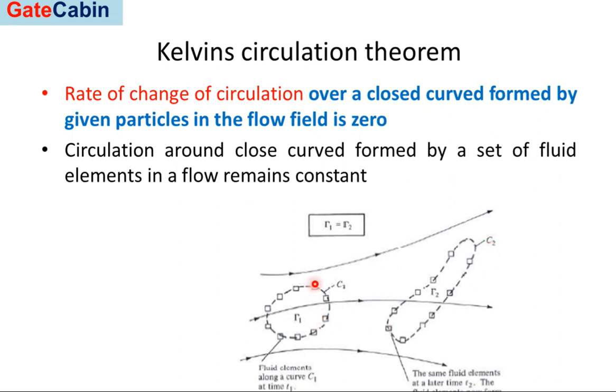So the closed curve formed by tracing the same fluid particles anywhere in the flow field will have the same value of circulation. In short, this can be written as: the rate of change of circulation is 0, and therefore the circulation remains constant over the closed curve formed by the same particles anywhere, anytime in the flow field.